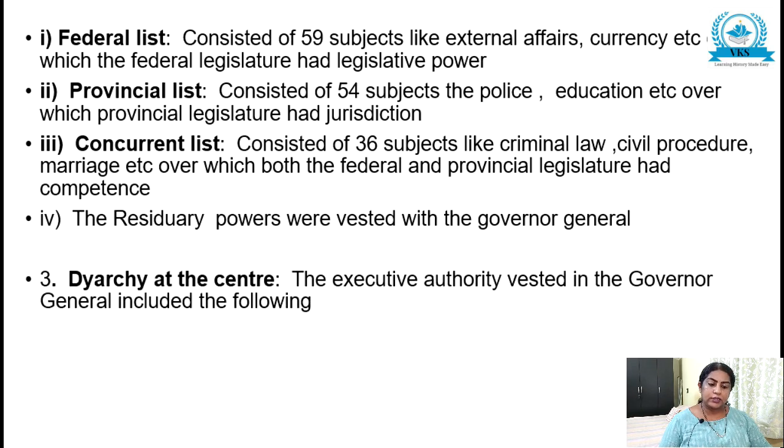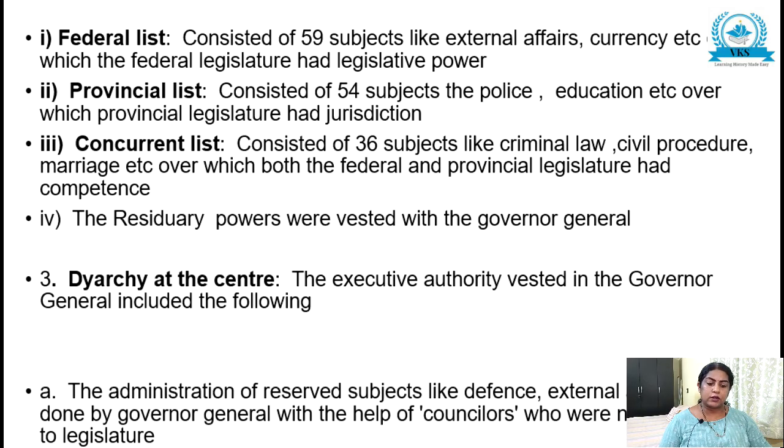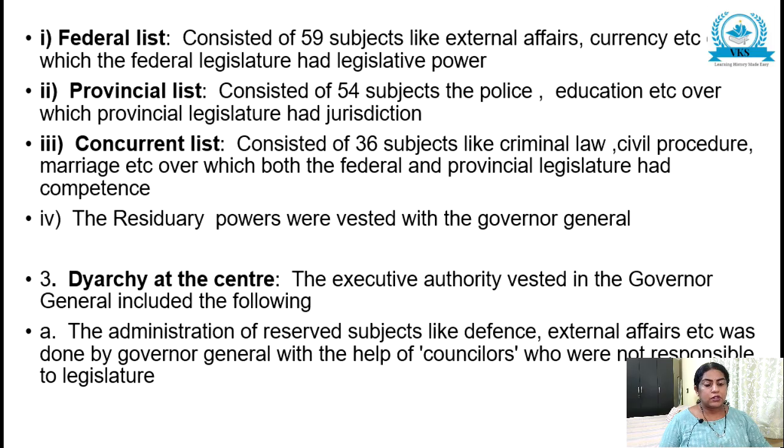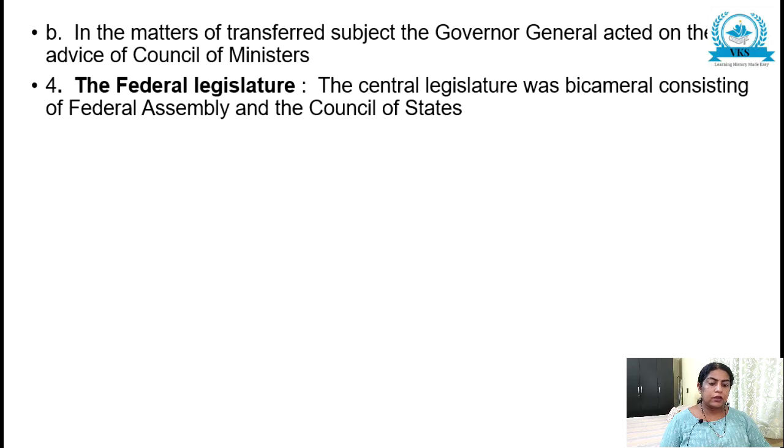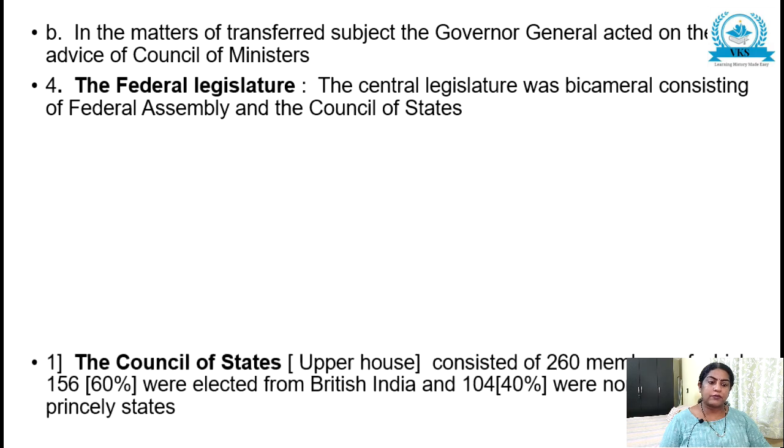Now the diarchy at the center, the executive authority vested in the Governor General included the following: the administration of reserved subjects like defense, external affairs, etc. was done by Governor General with the help of councillors who were not responsible to the legislature. In the matters of transferred subjects, the Governor General acted on the advice of Council of Ministers. The federal legislature, the central legislature, was bicameral, consisting of Federal Assembly and Council of States.